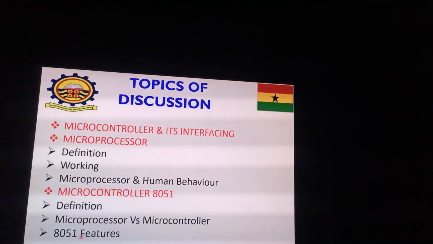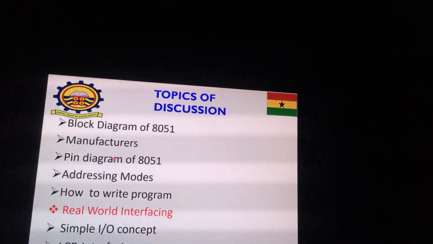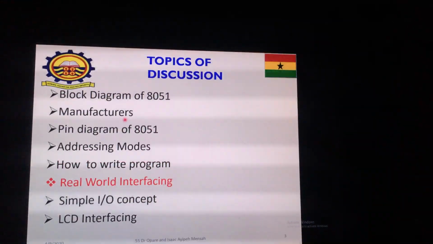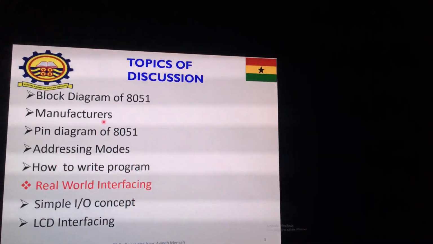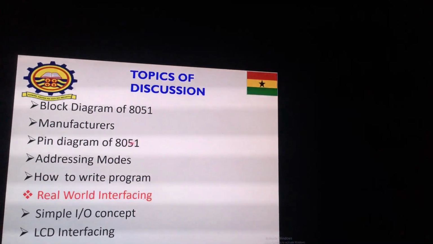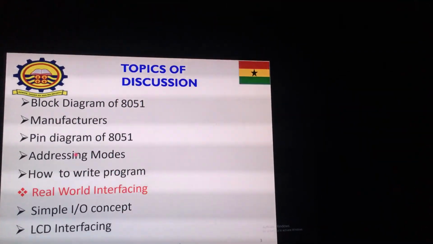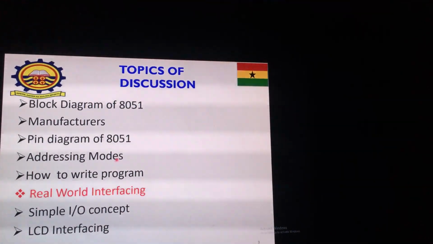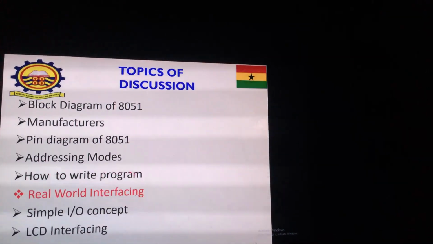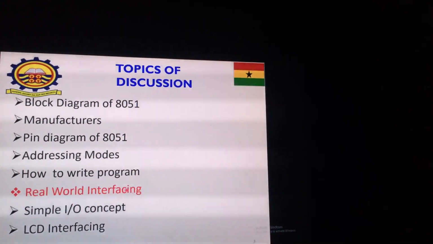Then we'll look at the 8051 features, some block diagrams of the 8051, some of the manufacturers of the 8051 microcontrollers, then a pin diagram of the 8051. At the same time, addressing modes of the microcontroller and how to write programs using the microcontroller. We'll also be looking at real world interfaces too.